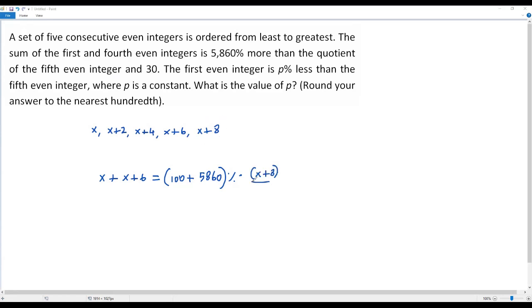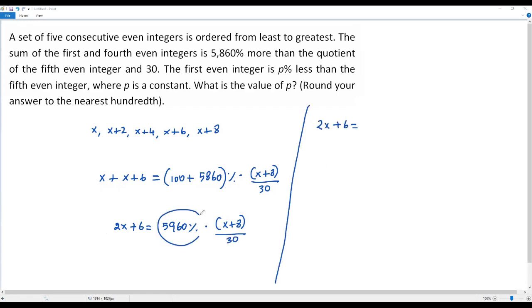It has to be divided by 30. Here we can combine this x and x. Then I'm getting 2x + 6 equals, when I add this 100 and 5860, I'm getting 5960% times (x + 8) divided by 30. Let me continue over here. 2x + 6 equals, we can write this percentage as a fraction: 5960 divided by 100 times (x + 8) divided by 30.